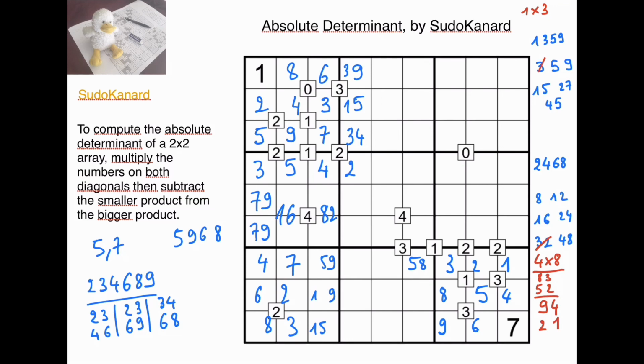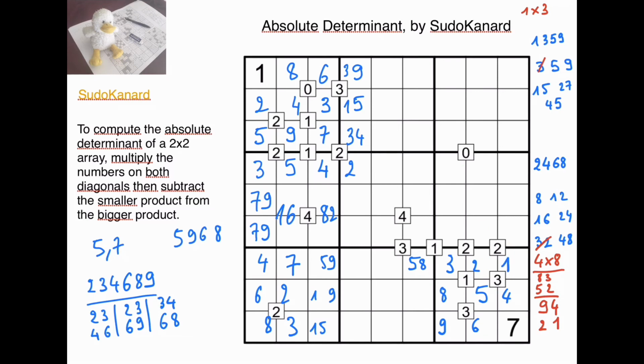Now, is that really the right place to look? Not sure about this. Maybe I should look at this instead. Yes, that's an even number, so that must be an even product. 2 and 6 are not available.